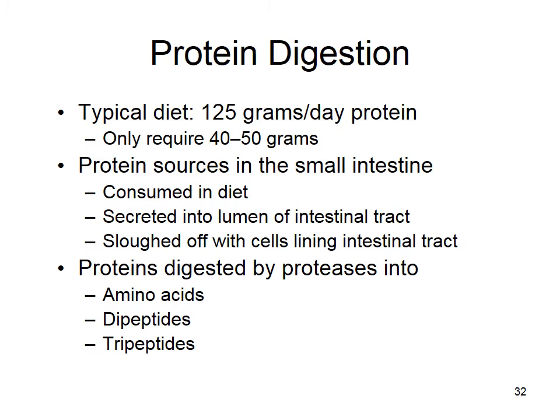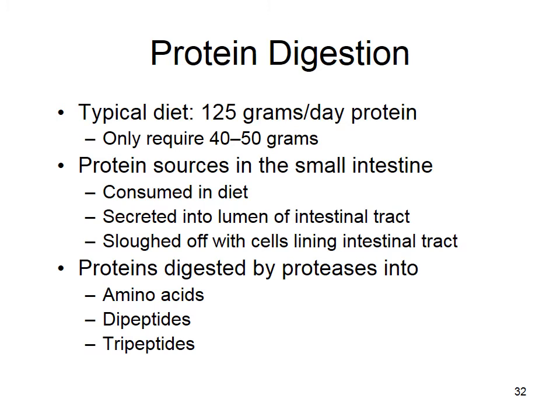Protein that is digested and absorbed from your small intestine, some of it came from what you put in your mouth, okay? This is exogenous protein, came from outside of your body. Some of it is endogenous, meaning it came from inside of your body. So that might be the digestive enzymes that got secreted into your GI tract.